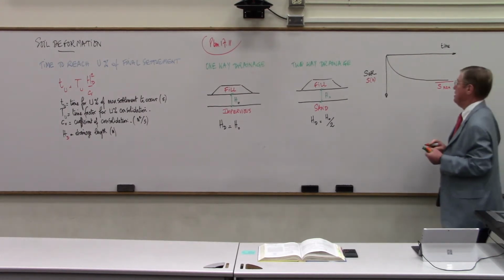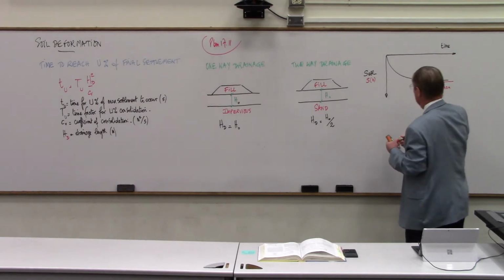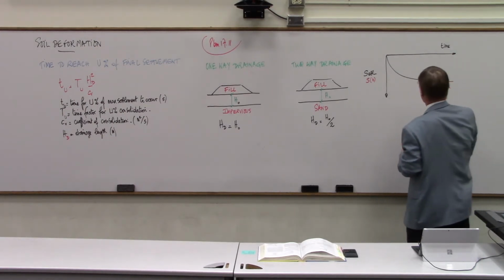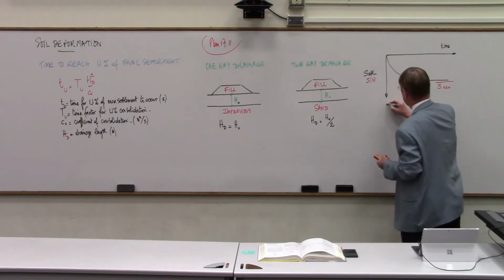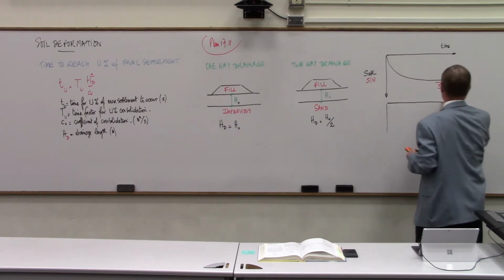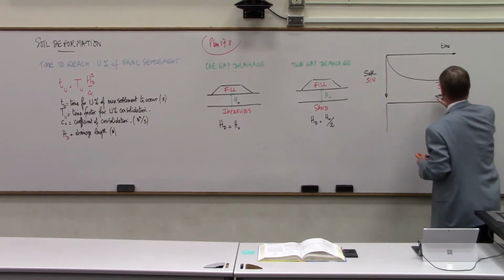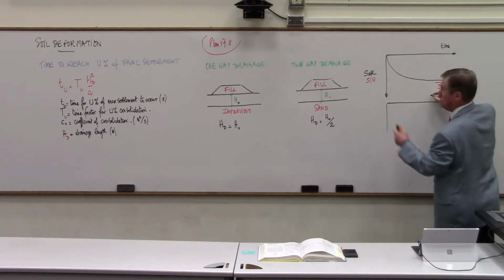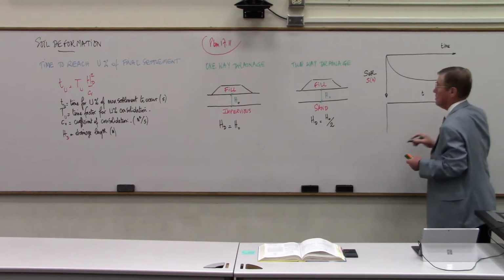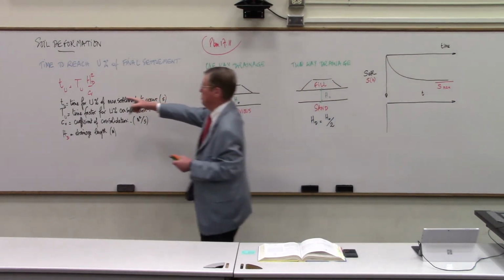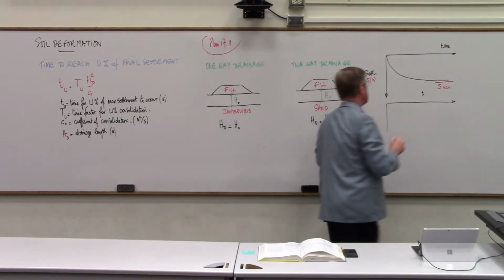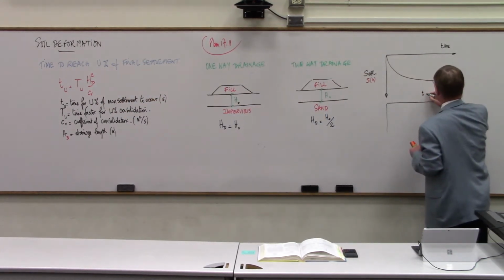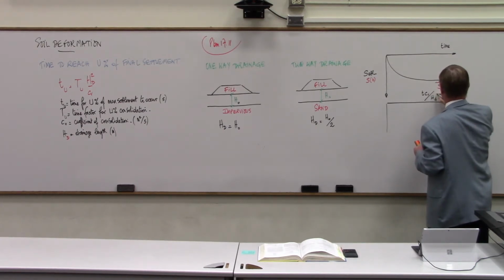And if I plot that curve again by normalizing the axes, I'm going to normalize the time by taking this equation here: T times C_V divided by H_D squared.